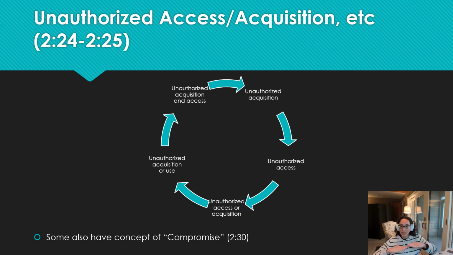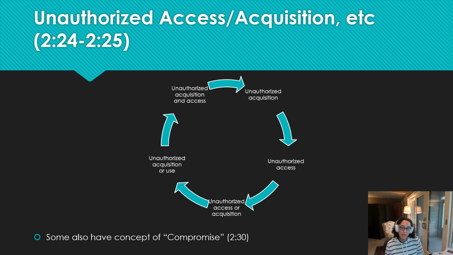Usually access is the minimum. Somebody can go in and look at the information. That's access. The next step would be acquisition: they actually took the information, they exfiltrated it. And the final would be that not only did they take it, but they used it. So it's useful to think of it in that continuum.